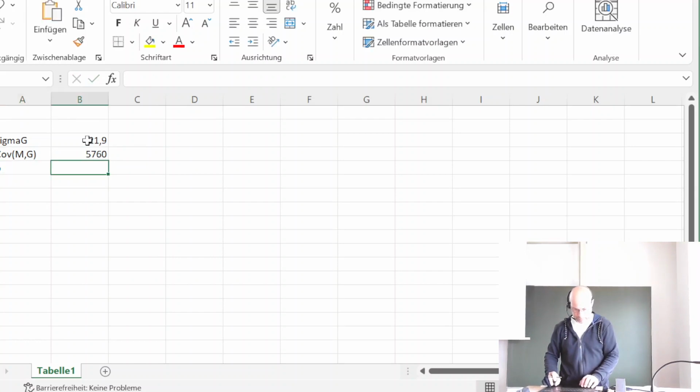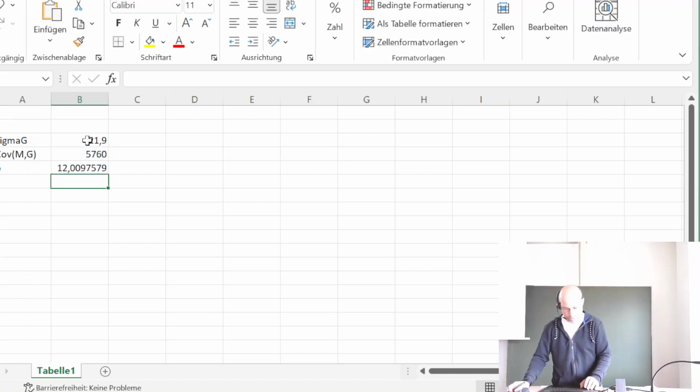And then we have b equals 5760 over 21.9 squared. So roughly, let's say, 12.01.